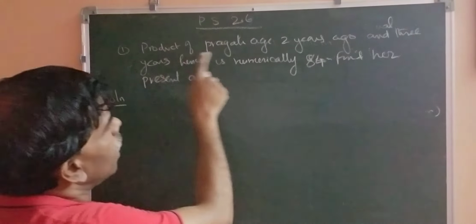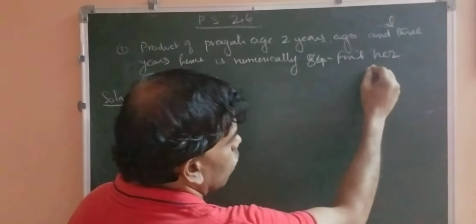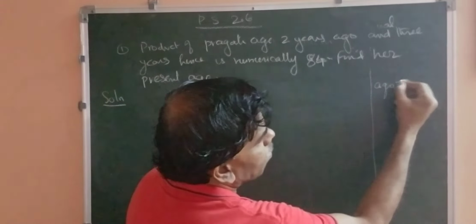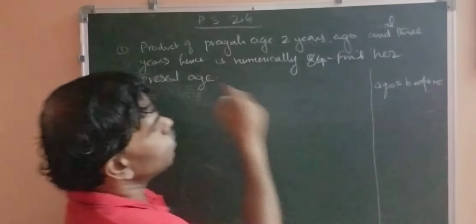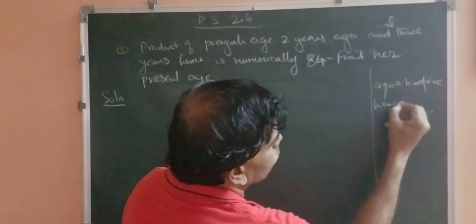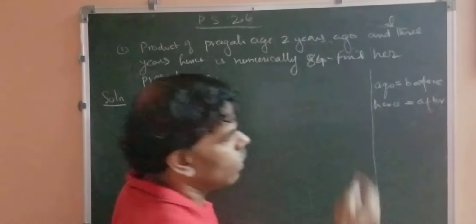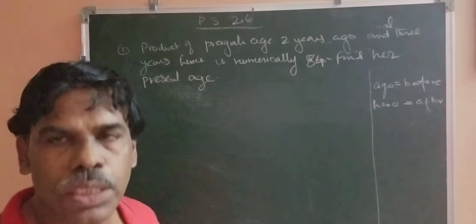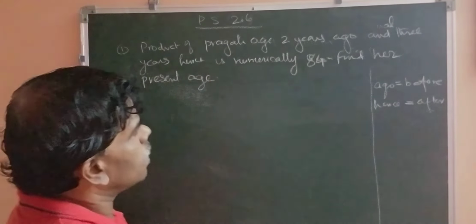Read the problem. Product of Pragati age 2 years ago. Ago means what? Before. Hence means what? After. Okay. So ago means before, hence means afterwards. Now we do not know the age of present age of Pragati.